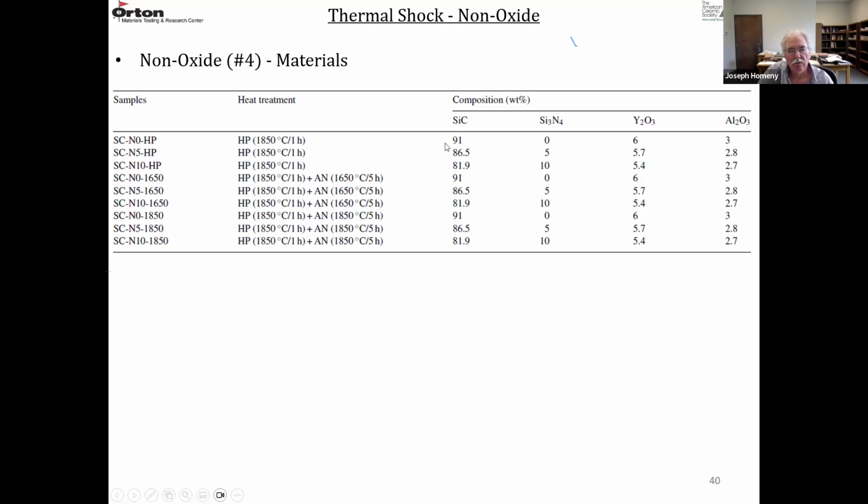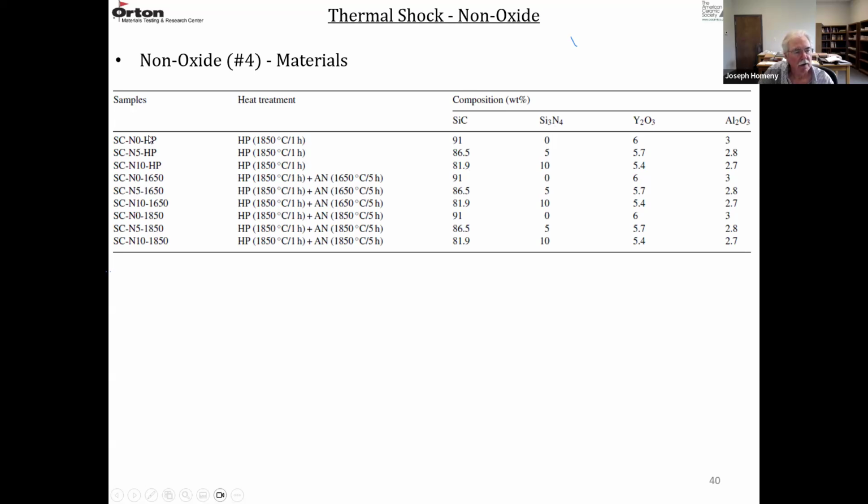So the balance was primarily silicon carbide, and then the smaller percentages of yttrium oxide and aluminum oxide. So hot pressed at 1850 degrees C for 1 hour at 0, 5, and 10 weight percent silicon nitride, the balance primarily being silicon carbide.